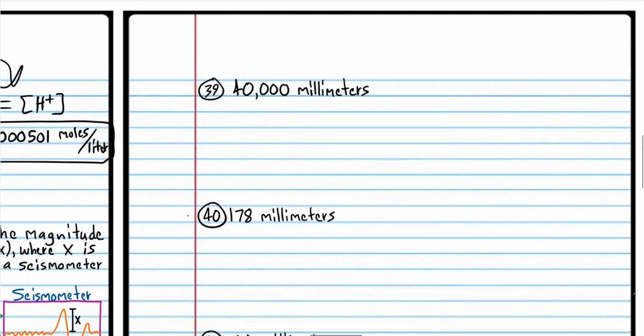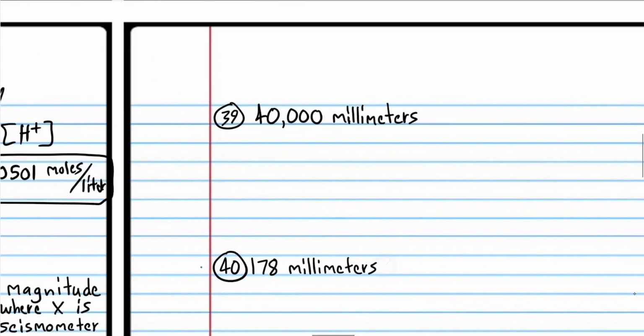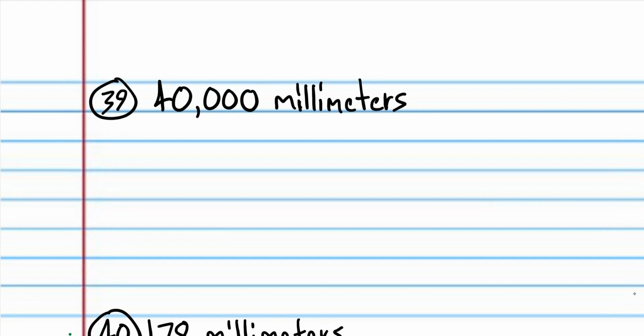Now we have a very large disturbance on the seismometer. And 40,000 millimeters, let's calculate what that would be in feet. So that would be about 120 feet.